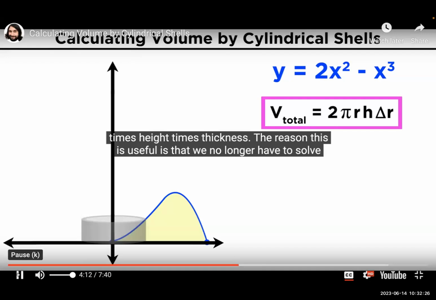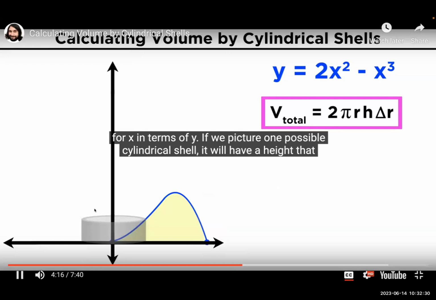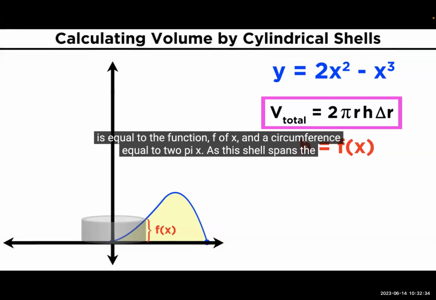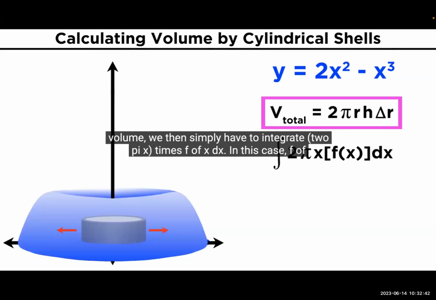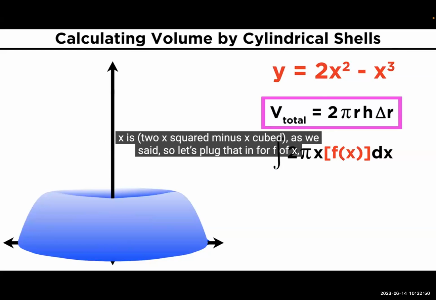No longer have to solve for x in terms of y. If we picture one possible cylindrical shell, it will have a height that is equal to the function f of x and a circumference equal to 2 pi x. As this shell spans the volume, we then simply have to integrate 2 pi x times f of x dx. In this case, f of x is 2x squared minus x cubed, as we said.